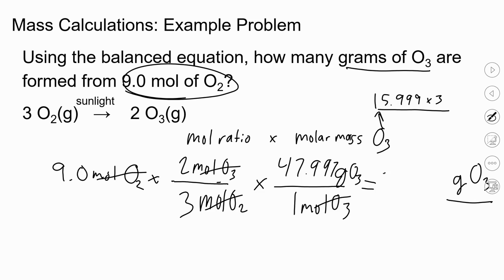That gives us how many grams of O3. We have 2 sig figs, so we should end up with 2 sig figs. So I'm going to move my decimal twice. So, rounding up, 2.9 times 10 to the 2 grams of O3. Okay.